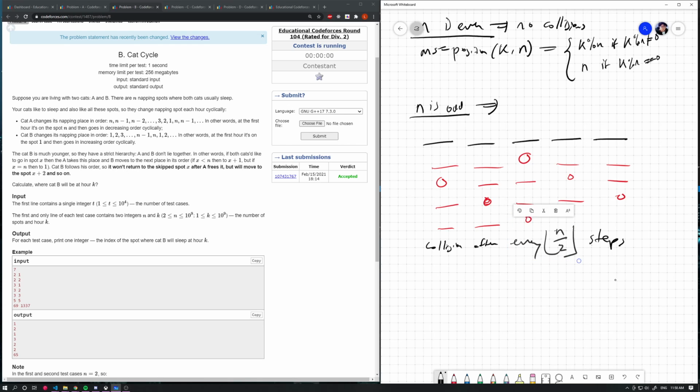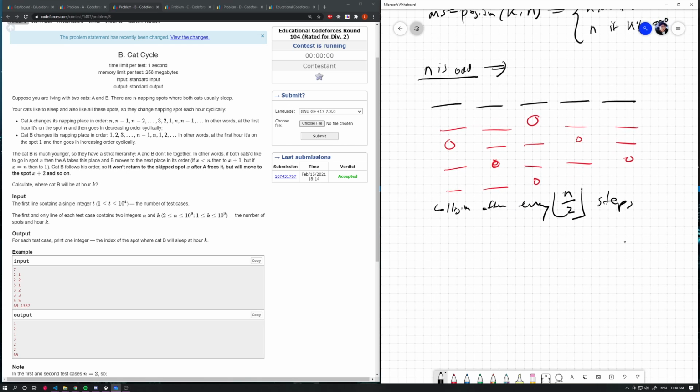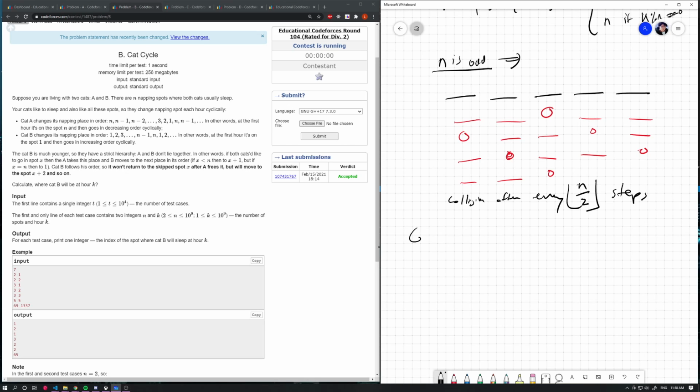To find out how many collisions, given k, you find the number of collisions, and the number of collisions is just k minus 1 over n over 2.